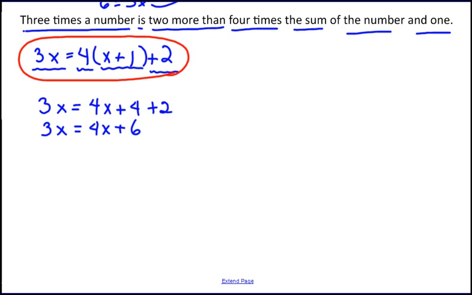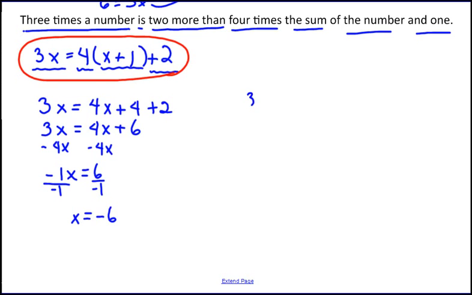So let's get our variables on the left-hand side by subtracting 4x from both sides. That gives me negative 1x equals 6. I will divide by negative 1 on both sides to get the x completely alone for a result of negative 6. Let's find out if we like this.